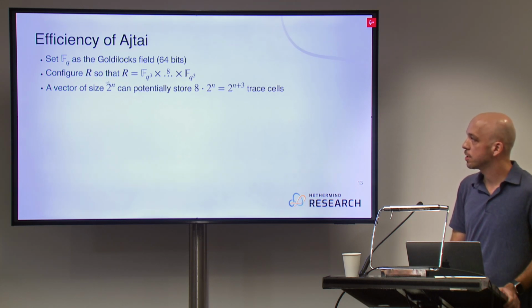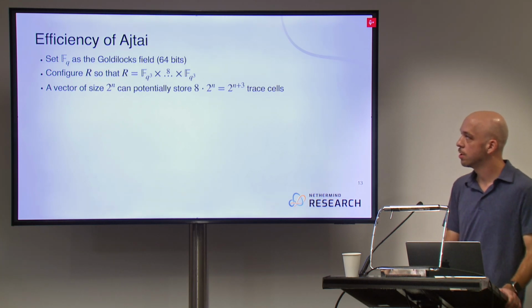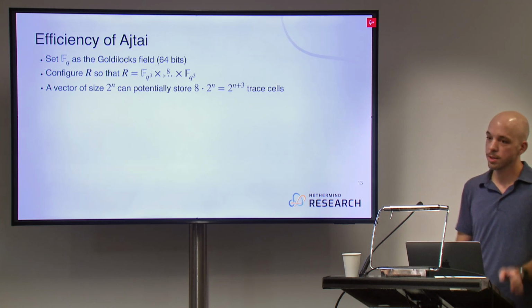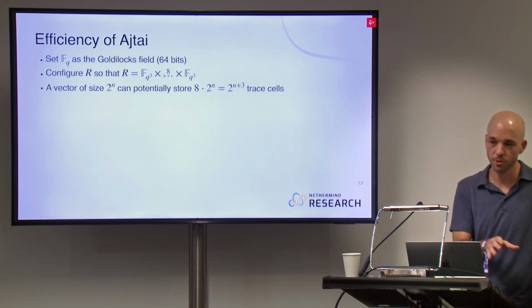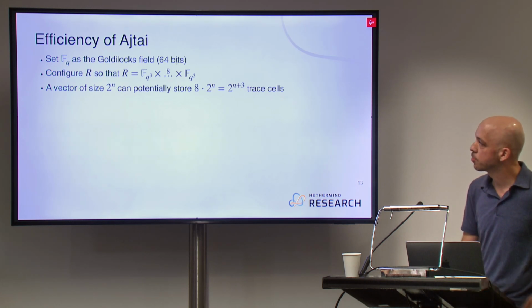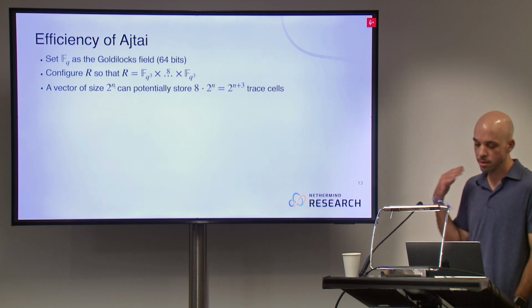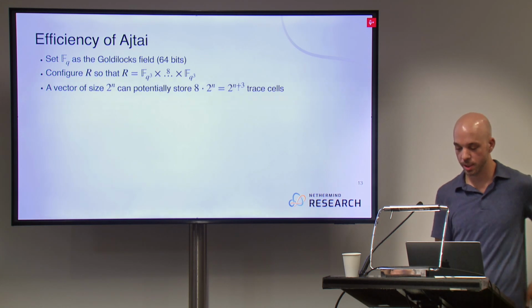An important observation is that then a vector of size 2^n can potentially be used to store 8 times 2^n trace cells, because the ring is this direct product, and direct products have additions and multiplications that are component-wise, so they are very easy to control. So you can take your trace and put cell elements in each entry here. So committing to a vector of size 2^n is, in some sense, like committing to 2^(n+3) trace cells.